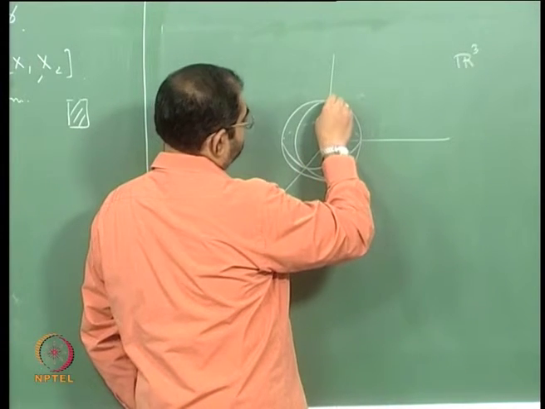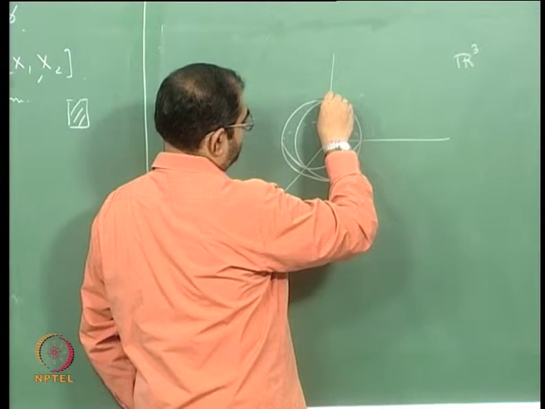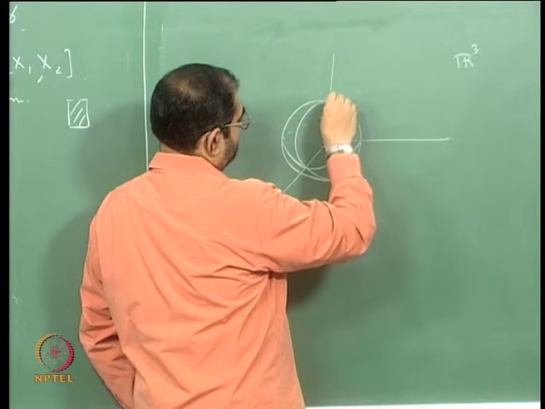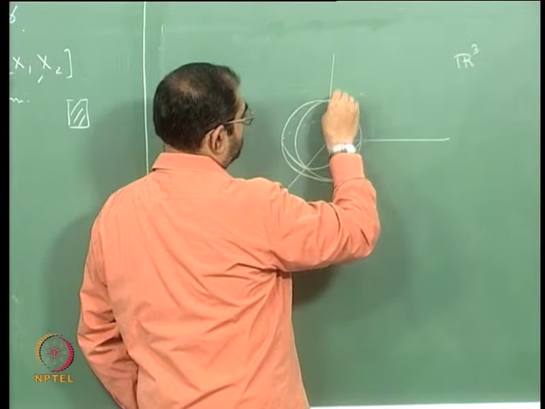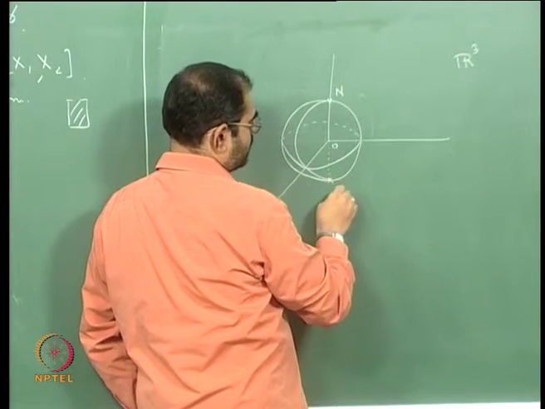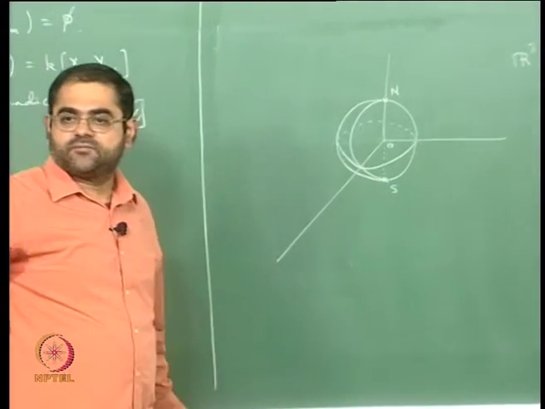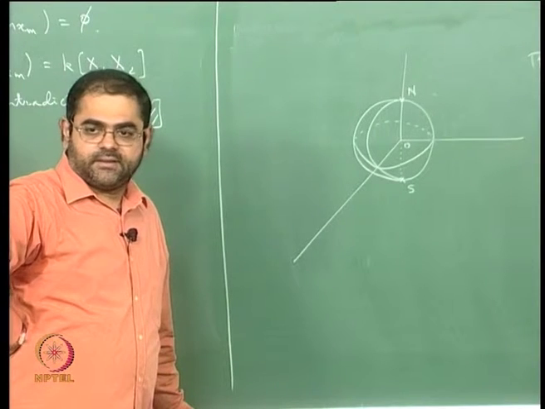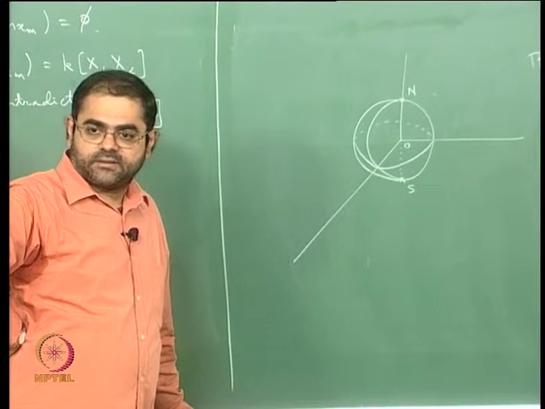So what I do is, if I call this point the north pole and this point the south pole, you would have heard of the so called stereographic projection in complex analysis.